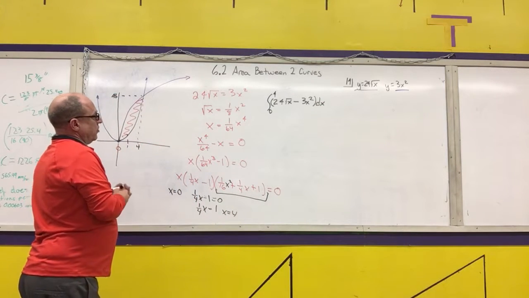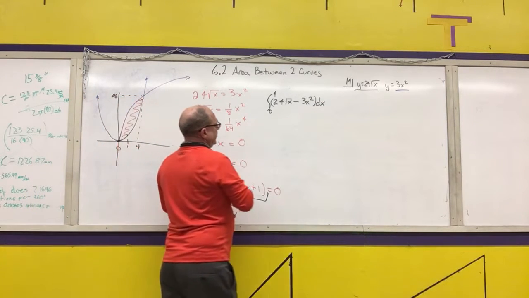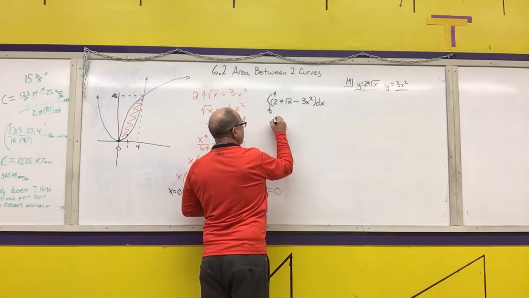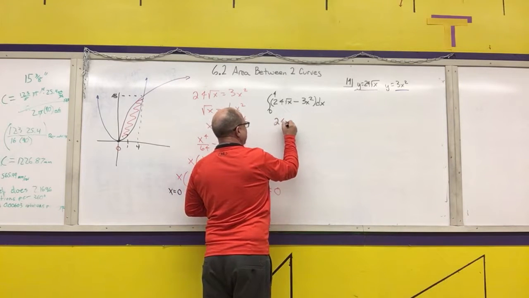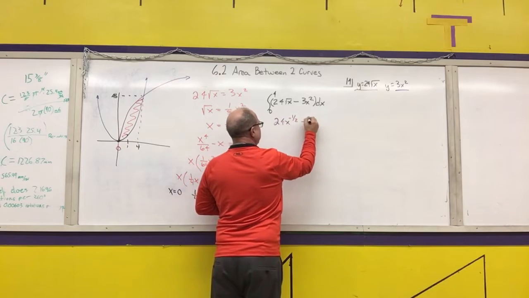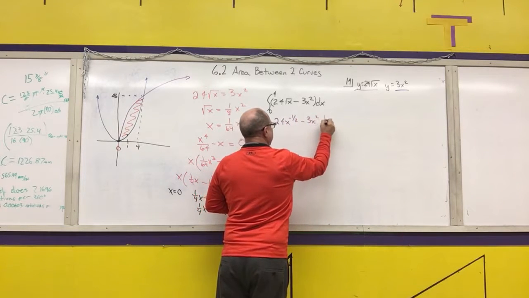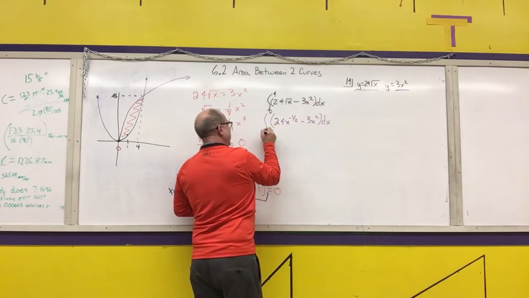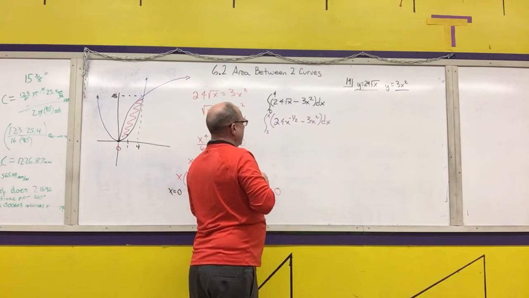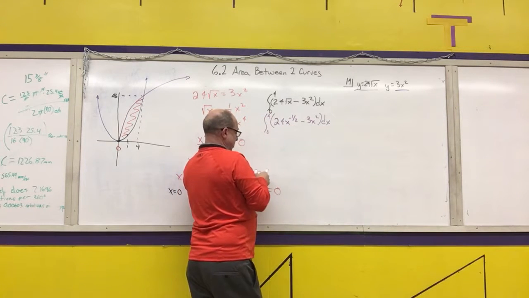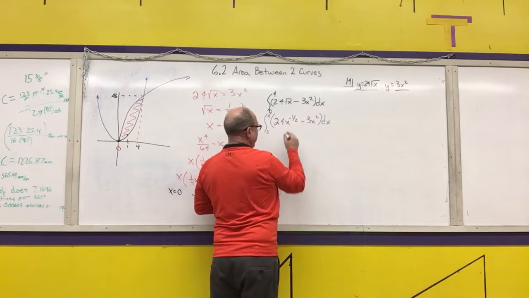Okay? So, antiderivative of that, so that's 24x to the negative 1/2 minus 3x squared dx that I'm taking the integral of from 0 to 4. Add 1 to the exponent. So add 1, I'm going to get x to the 1/2.